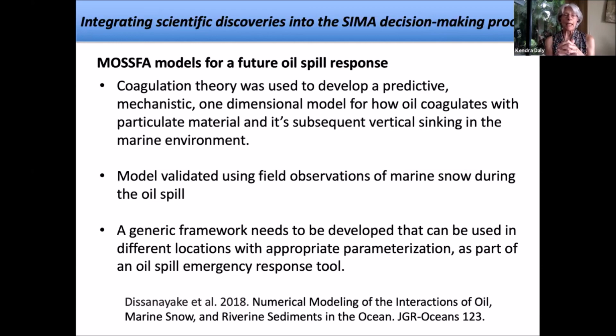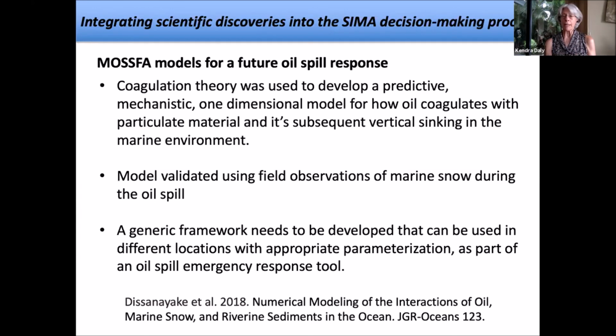So we used my marine snow field measurements to validate the observations, and the models seem to be validating quite well. And then our next step, we hope, is to create a generic framework that could be used to move to different locations and use parameterizations for local regions as part of an emergency response tool.